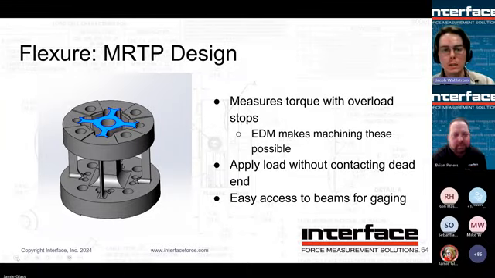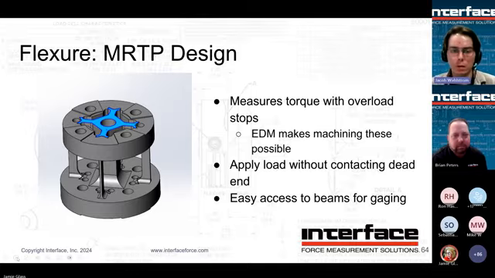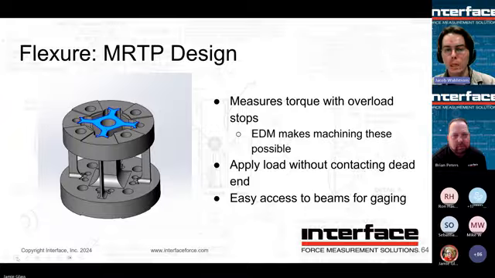So you can see there that kind of blue highlighted surface. That is attached to a column that's going down the middle, and it has those arms that kind of go out with those EDM slots, and those EDM slots are overload gaps. So the load cell is allowed to deform a certain amount, and then it contacts those surfaces and can't deform anymore, and it's overload protected.